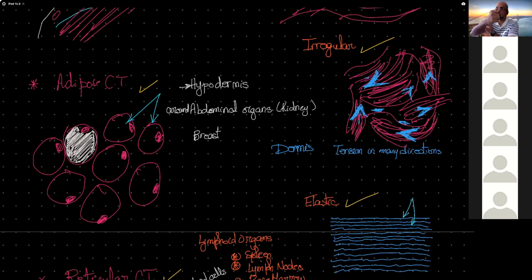But I did move the joint in many directions without having rupture of the joint capsule, right? So it's not going to be dense regular. It's not going to be any other type of connective tissue, because I need a tissue that allows tension in many directions. I'm moving my joint in many directions without any rupture of the joint. So I have it in the joint capsule.